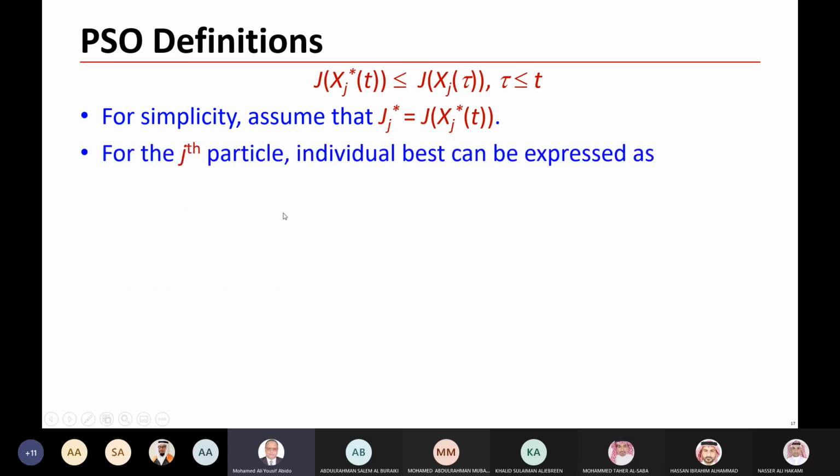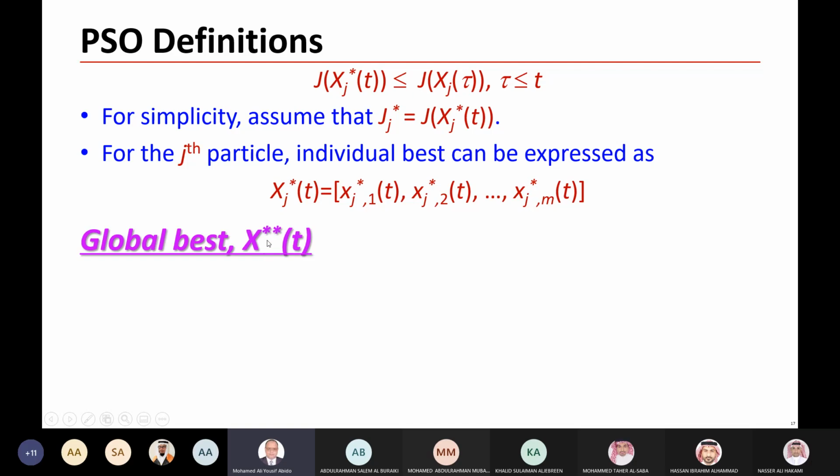For simplicity, assume that for the jth particle the individual best can be expressed as, and star here refers to the local best or particle best or individual best. Then we have x double star. This would be kept for global best and also the global best objective.